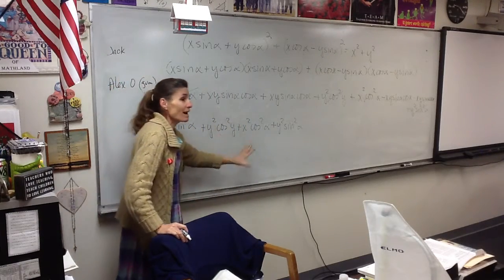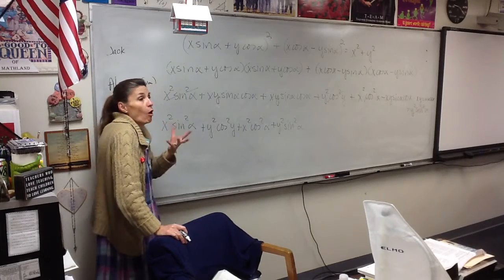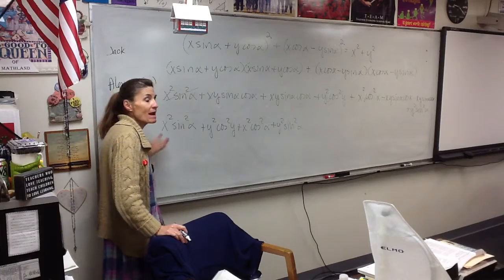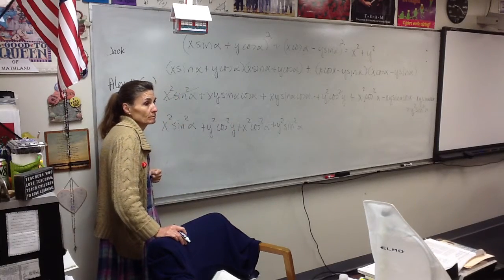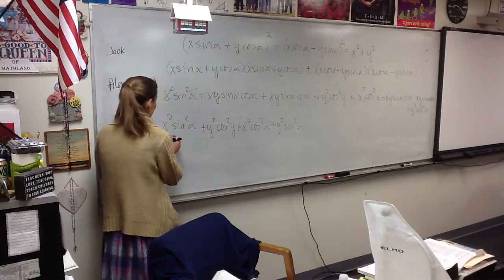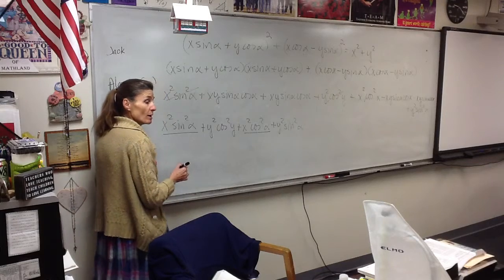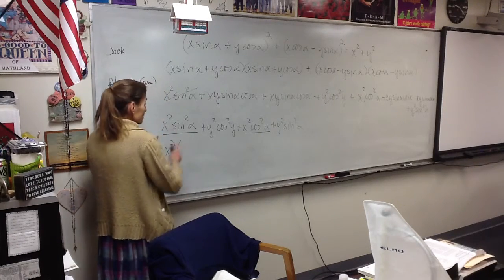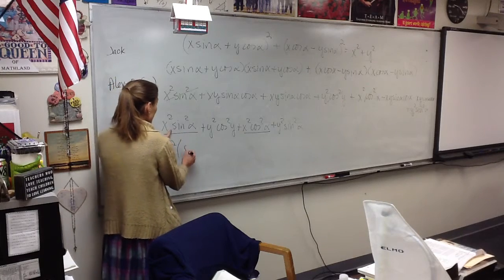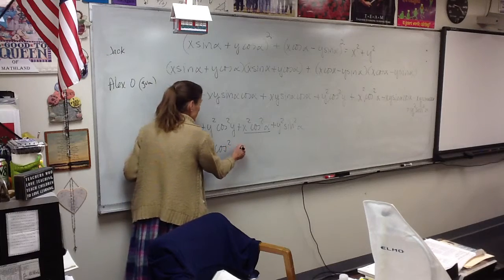Now, these do not add together. But is there any way at all I have of combining them? Is there anything at all I could do to these? Group them and then take out x squared. Okay, so let's group them. So let's group this one and this one and take out the x squared. So Madeline, look, if I group those two and take out the x squared, I'll be left with sine squared plus cosine squared.